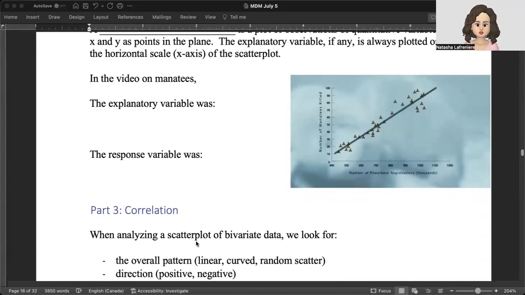So in the video on manatees, the explanatory variable was the number of powerboats. As you see in your scatter plot here, this is your independent variable, so the number of powerboats sold or the registrations.